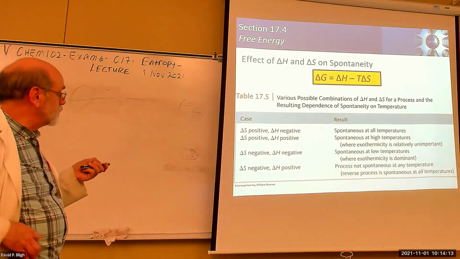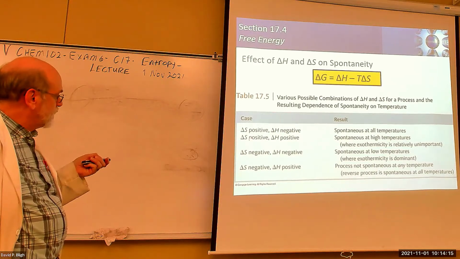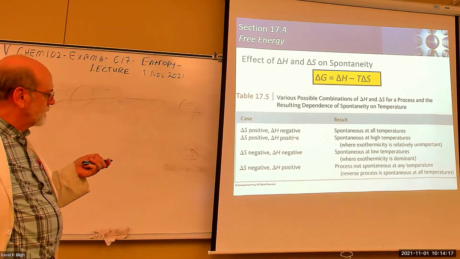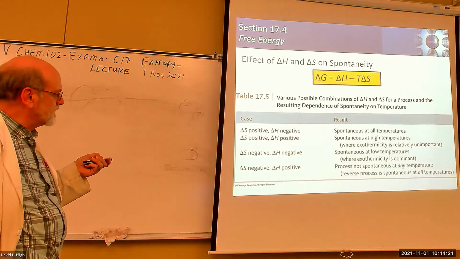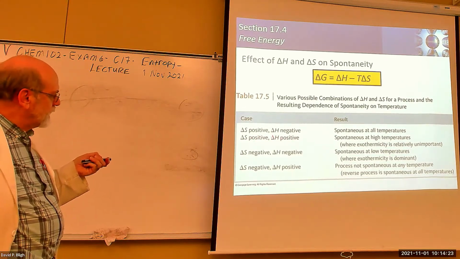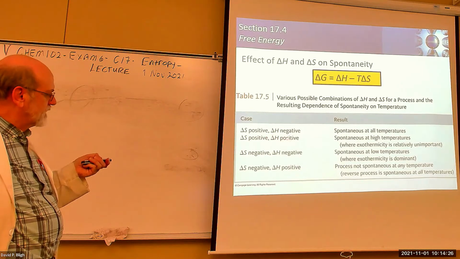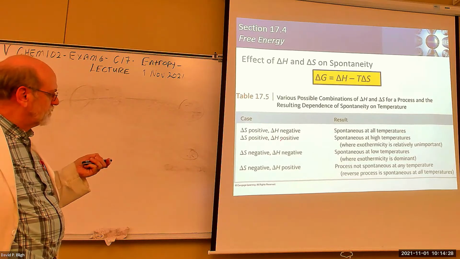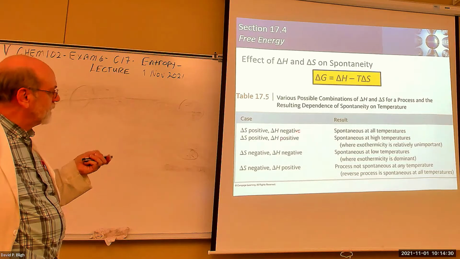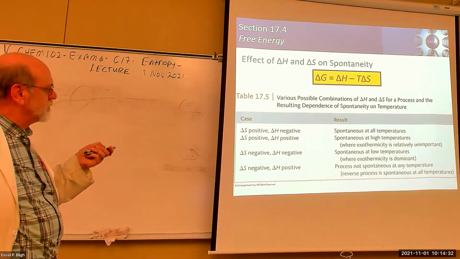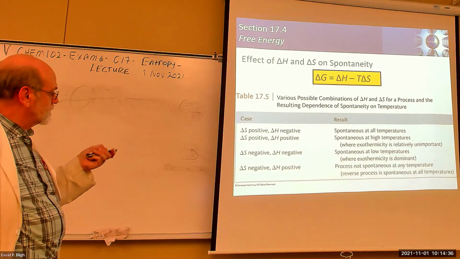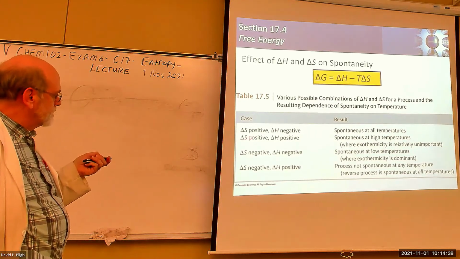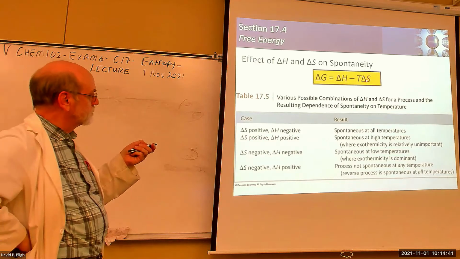And then these other two, where you have delta S positive and delta H positive, is our first example. Under what circumstances would this be spontaneous? If delta H is positive, it's endothermic. It's an endothermic process that is increasing entropy.